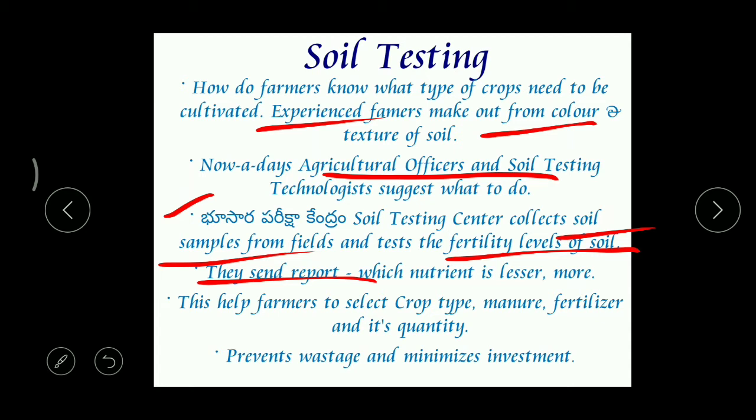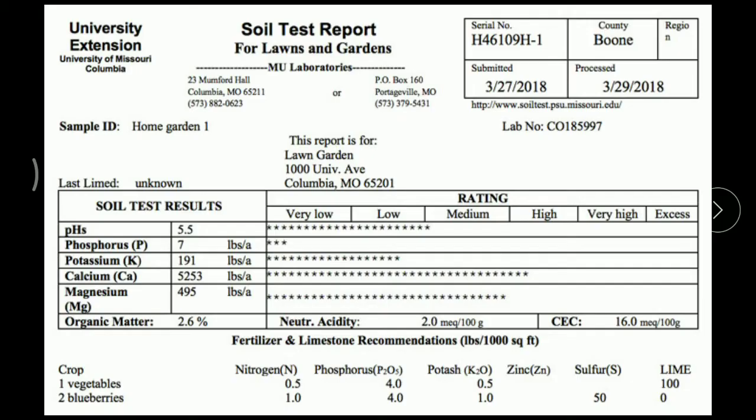Have you seen? With the help of that report, the doctor will confirm what your actual problem is, and then they start the treatment. In the same way, after testing the soil, they send the report, and with the help of that report we can get complete knowledge about our soil.